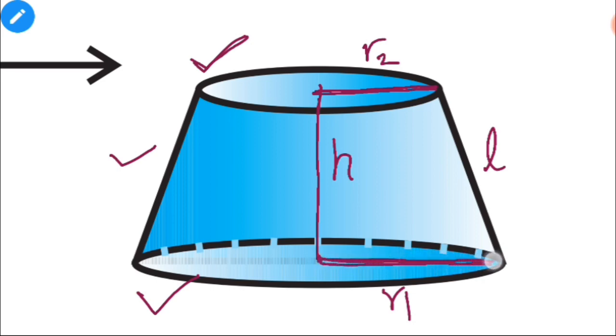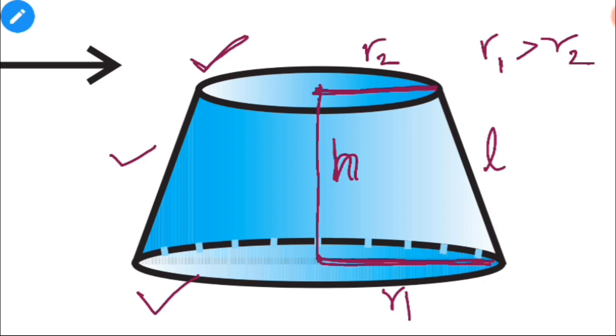Let the radius of the base be R1 and the radius of the top face be R2. Height is H and slant height is L. Then clearly R1 is greater than R2. R1 is the radius of the big circle.